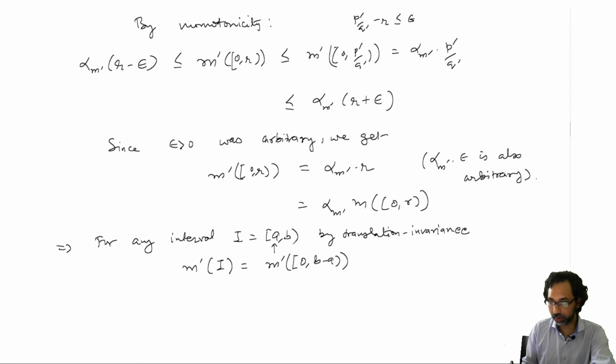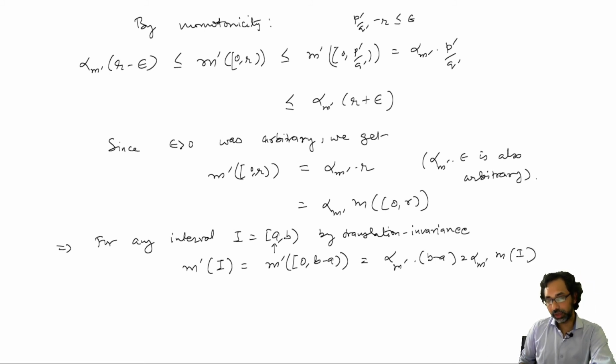So if you subtract a on both ends, you will get 0 and b minus a. And this is nothing but alpha M prime times b minus a, because b minus a is any real number, and this is alpha M prime times m of I. So therefore we can do this for any interval, and now the only thing left is to show this for any union of intervals.